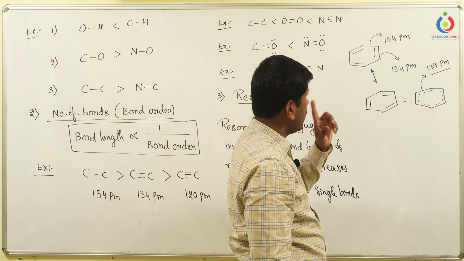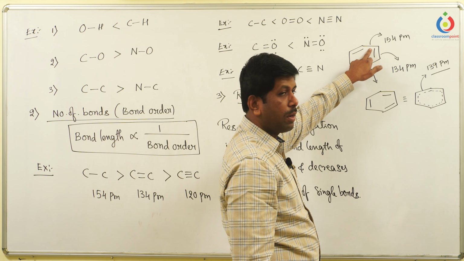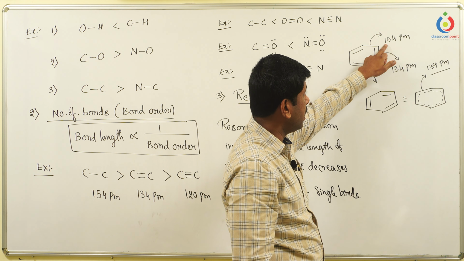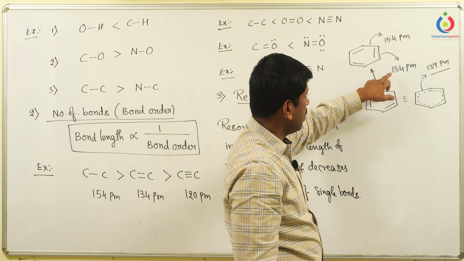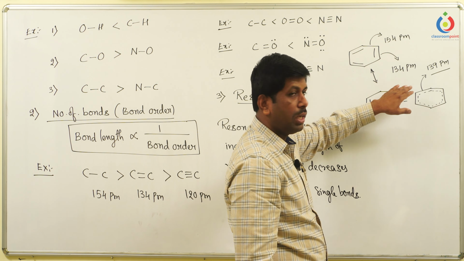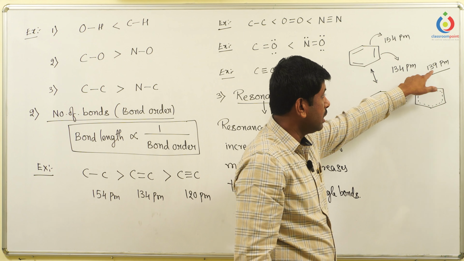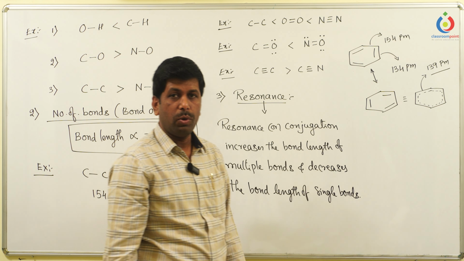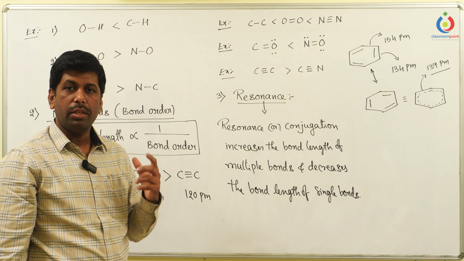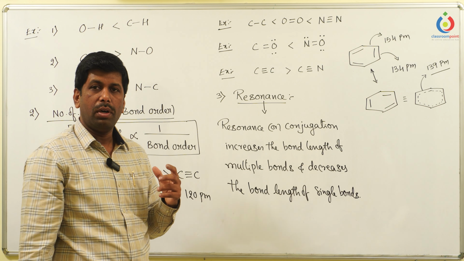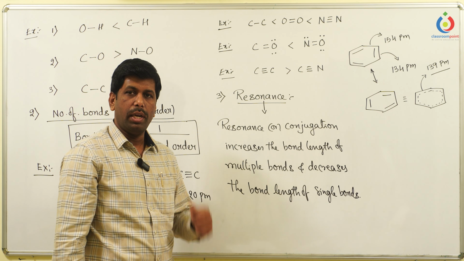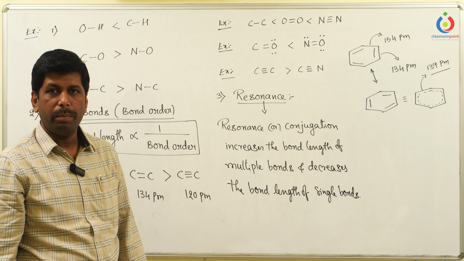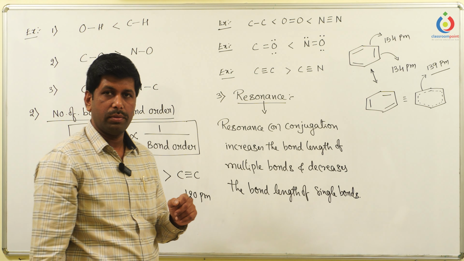So here we can see that the expected carbon-carbon single bond length of 154 is decreased to 139 picometers, and the expected carbon-carbon double bond length of 134 picometers is now increased to 139 picometers. In this way, resonance changes the bond length in a molecule when the bonds are in conjugation.